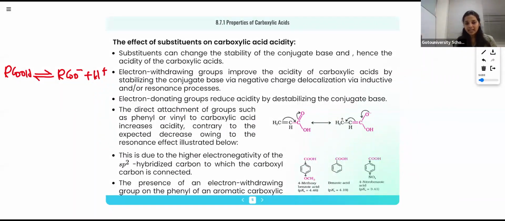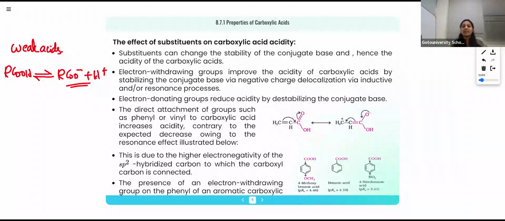This is a reversible reaction because these organic acids are weak acids. Weak acids means they are not completely ionizing. They will combine together to produce the acid again. That is a weak electrolyte, right?